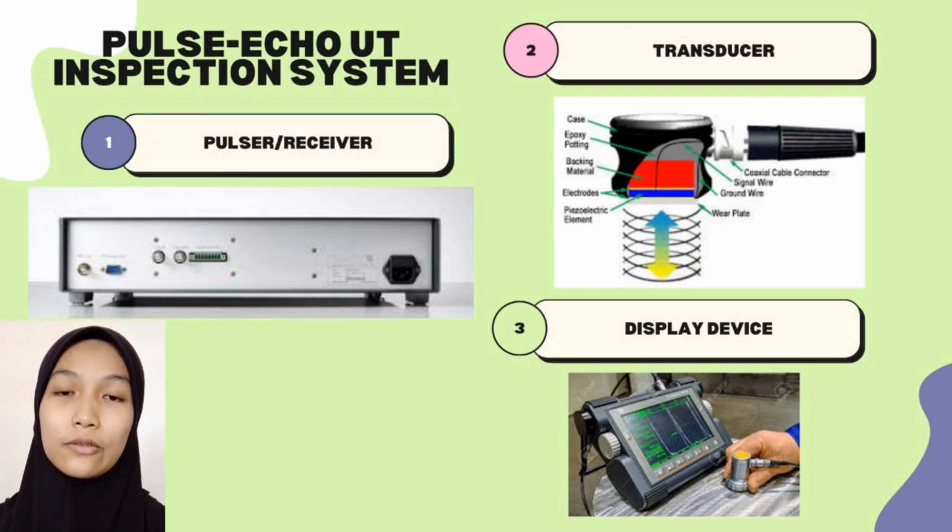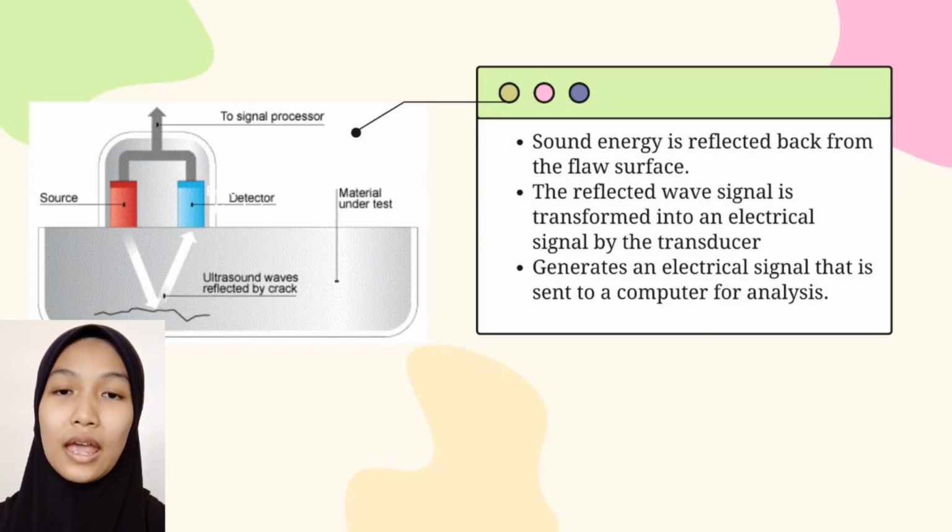until it reaches an interface or boundary, such as the edges of the material, a crack, or a void. At this interface, a portion of the sound energy is reflected back from the flaw surface. The reflected wave signal is transformed into an electrical signal by the transducer, because the transducer contains a piezoelectric crystal that vibrates in response to the sound waves.